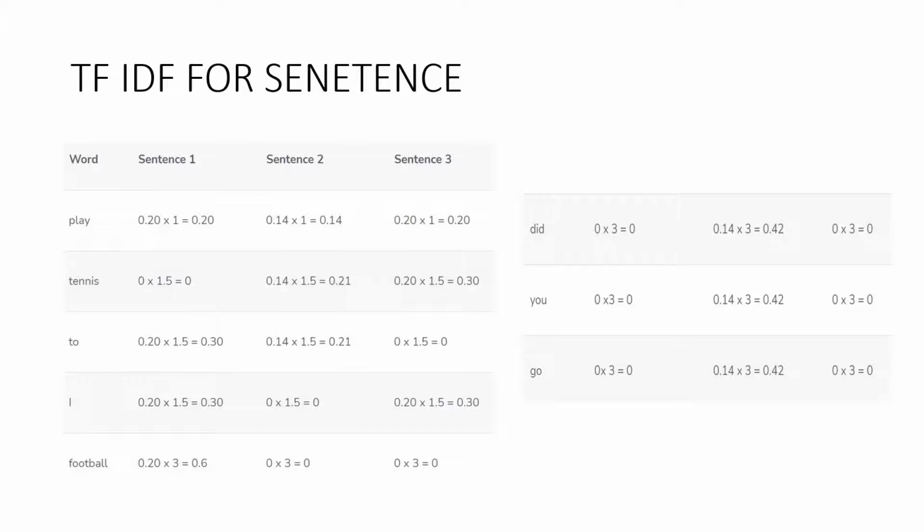Let's do the TF-IDF model from scratch in Python. As explained in the theory, the steps to create a sorted dictionary of word frequency are similar between the bag of words model and the TF-IDF model.